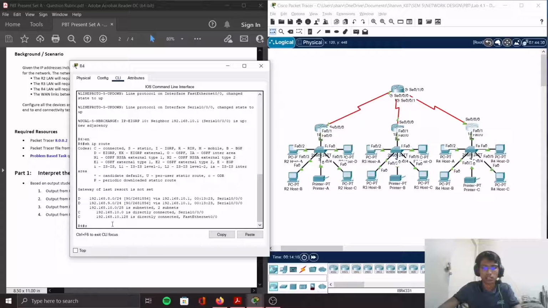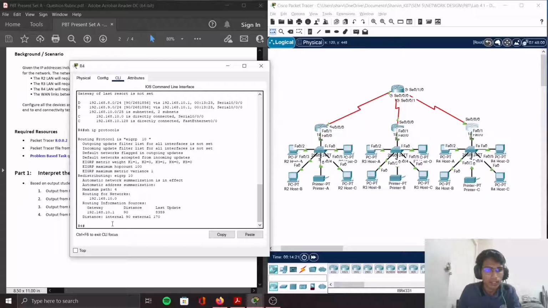Let's see the routing information by giving show ip protocols. We can see the routing protocol is using EIGRP 10, autonomous system number 10, the same as R3, R2 and R1. We don't have any automatic address summarization.